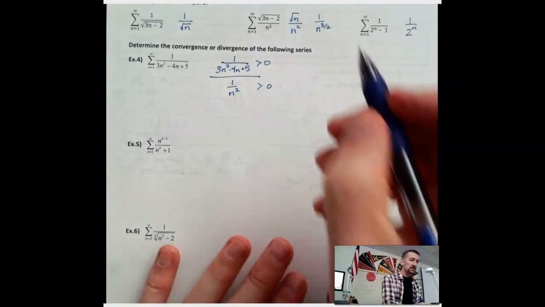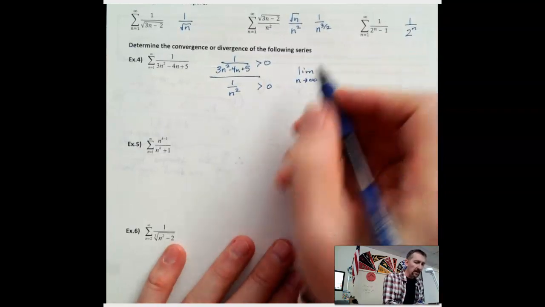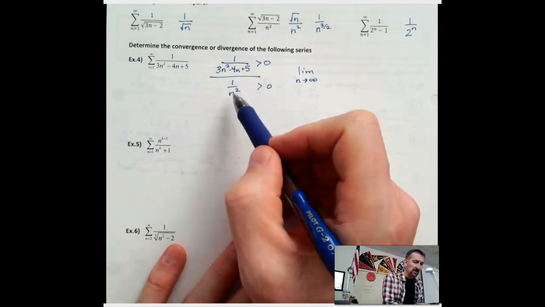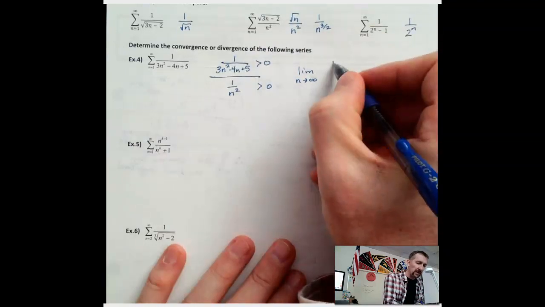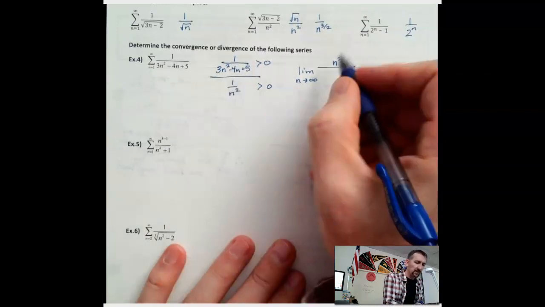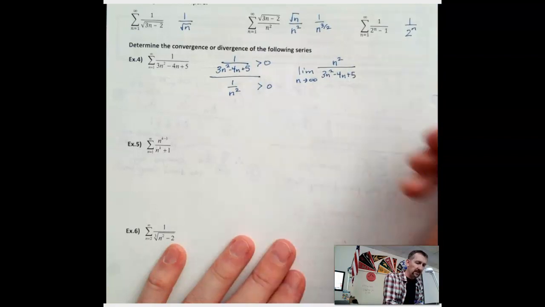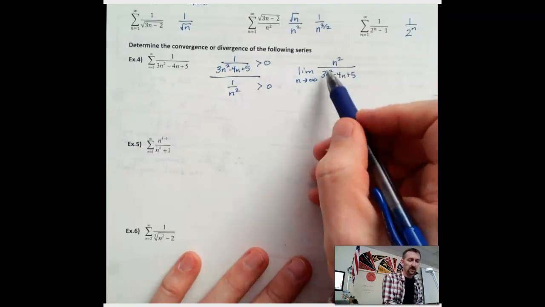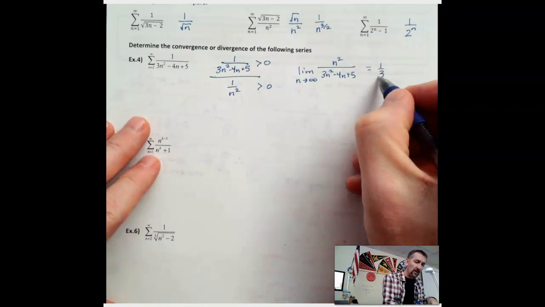Now we can take the limit of this. If we're dividing this by this, it's a complex fraction, so we could multiply the numerator and the denominator by n squared, or multiply by the reciprocal. That would give us this, and these have the same degree, so that's going to be 1/3.